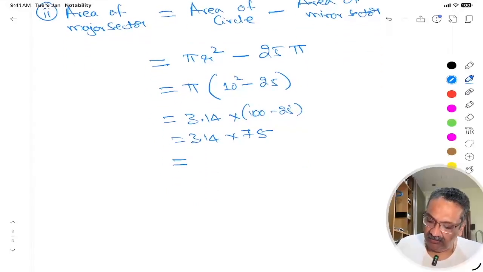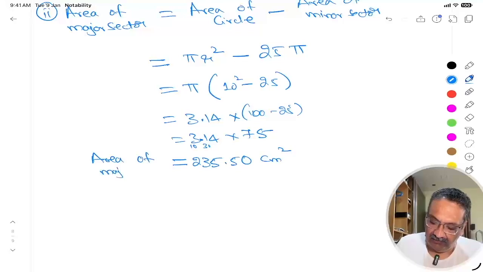Multiplying 75 by 3.14, we get 235.50 centimeter square. This is the area of major sector, right?